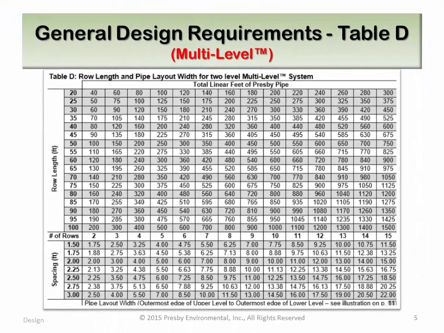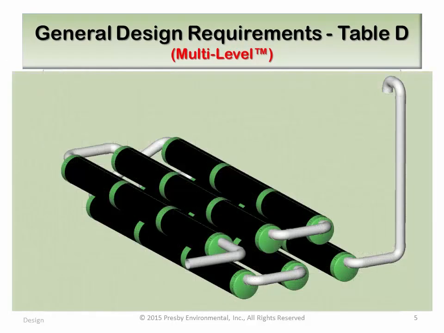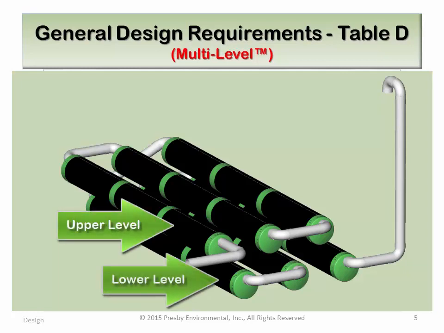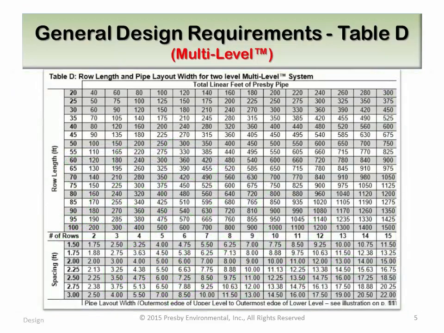Table D is used only for 2-level or what we call multi-level systems and provides similar information as Table C. The number of rows is divided between an upper and lower level. This configuration is reserved for soils with higher application rates.